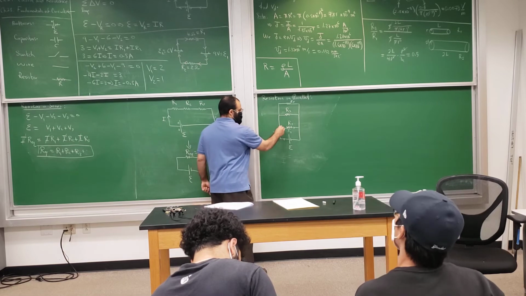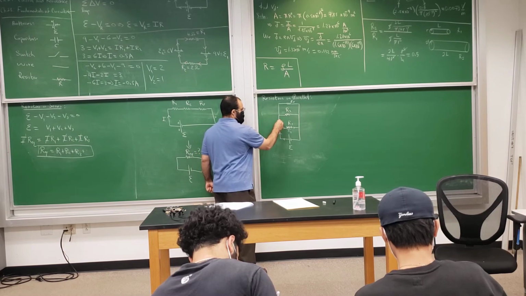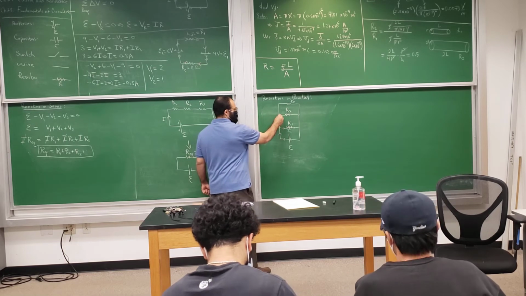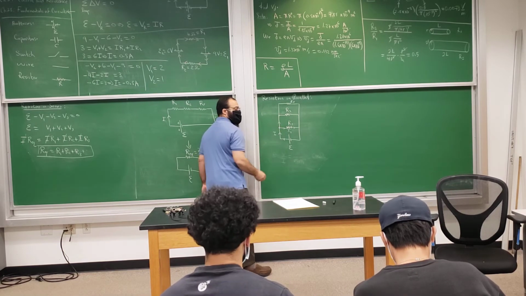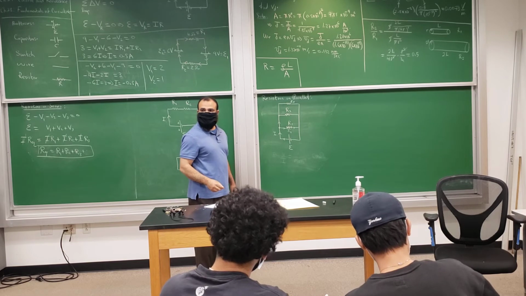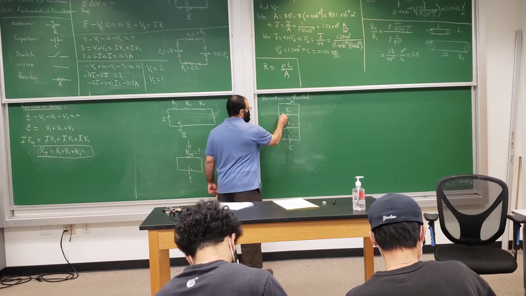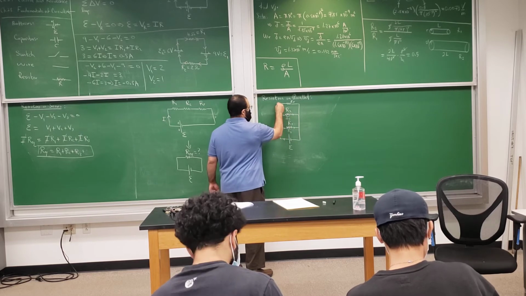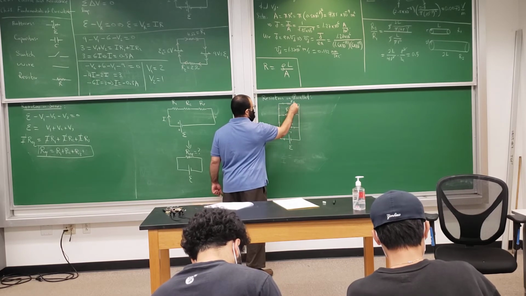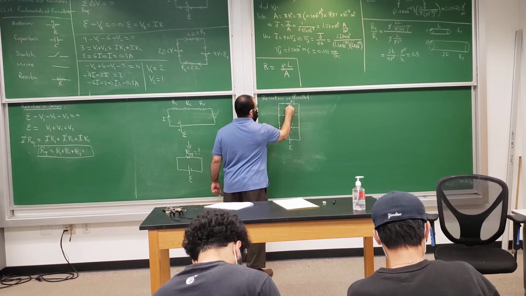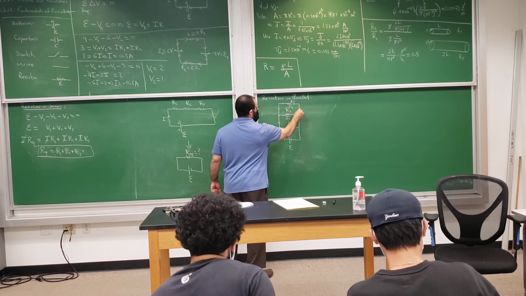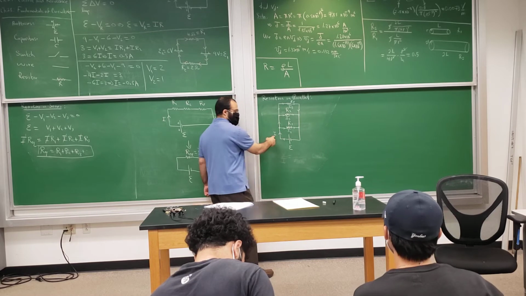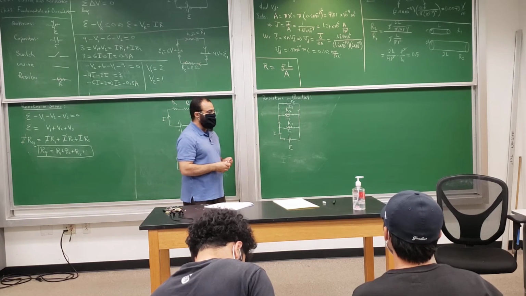And then there will be some left over that will flow this way. And this current gets here, and what happens? It splits again. Some of it will flow this way, and we're going to call that I2. And the rest will flow this way, and we're going to call that I3. And the question is, what is the relationship between I1, I2, I3, and this total current I?